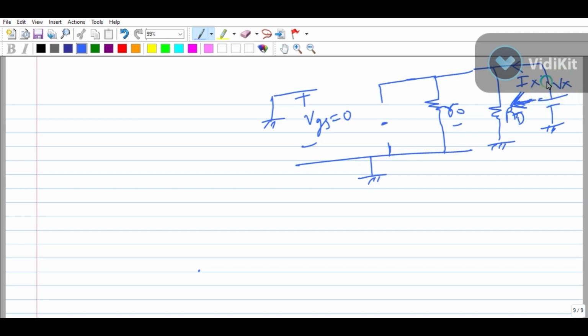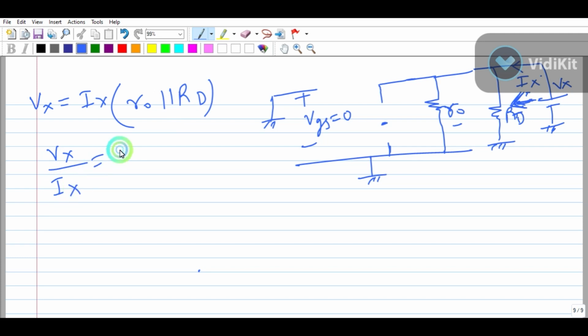Okay. If you want to use it like this, you can use it. So see, Vx will be equal to Ix into R naught parallel RD. Okay. So Vx by Ix will be equal to R naught parallel RD.